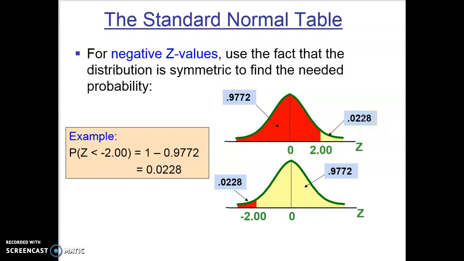Because remember, the entire area under the normal distribution must sum to 100. So if this red area occupies 0.9772, then the remainder must be up to 100, which is 0.0228. That means the probability of getting a z-score up to 2.00 is 0.9772, and the probability of getting a z-score above 2.00 is 0.0228. Okay?